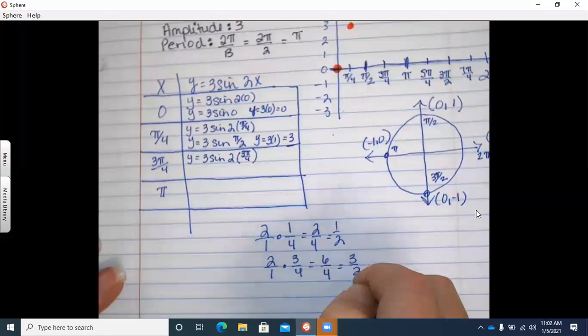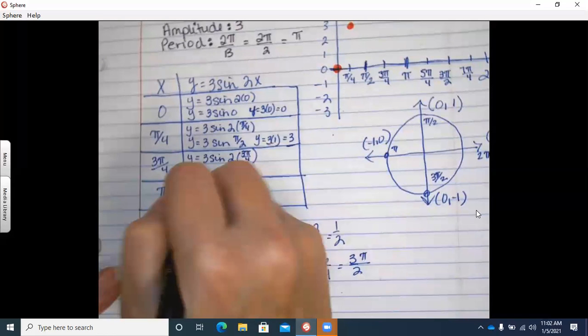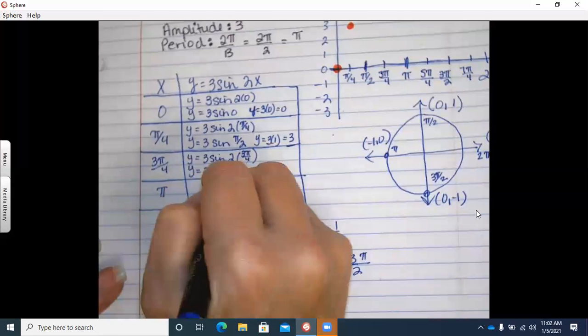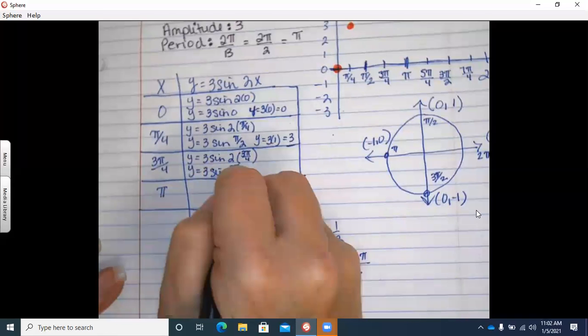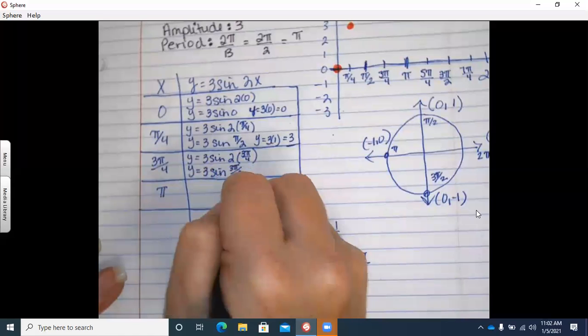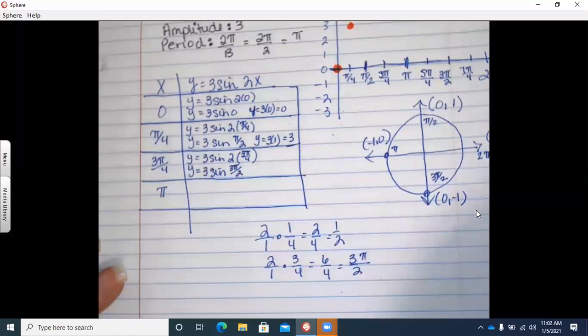So 3/2 pi. Right, so 3/2 pi, the sine is -1. Wait, something's not right.